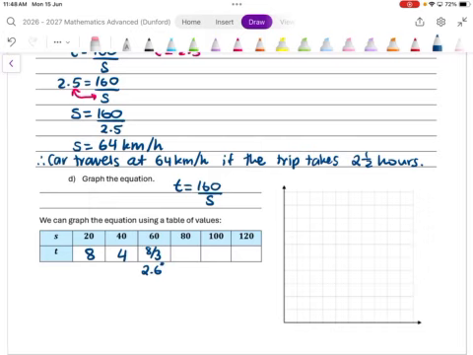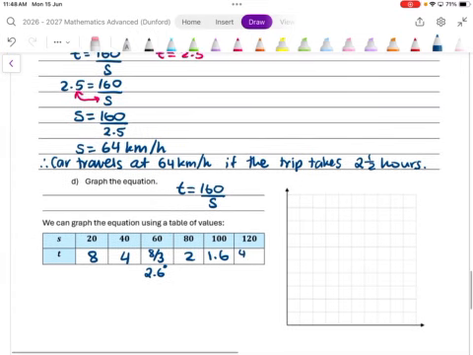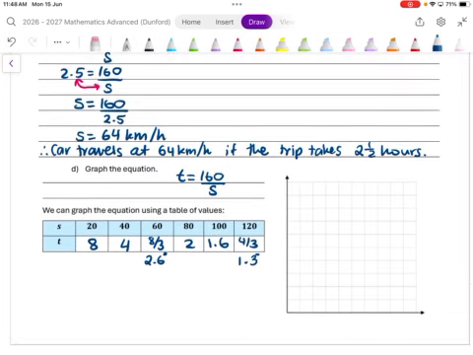When we substitute in 80 for s, we get t equals 2. 100 for s, we get t equals 1.6. And when we substitute in 120, we get 4 on 3, which is 1.3 repeating. Okay, on our axes, we are going to go up by 20.